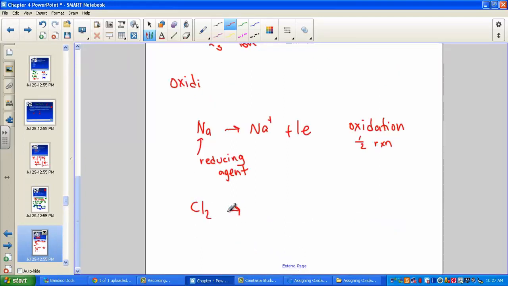We had chlorine gaining 2 electrons. Let me add that back in correctly. Gaining 2 electrons to form 2 units of chloride. Notice the charge on both sides of our arrow is the same. They don't have to be 0, but they have to be the same. -2 is the charge on the left, and -2 is the net charge on the right. This was called a reduction half reaction.